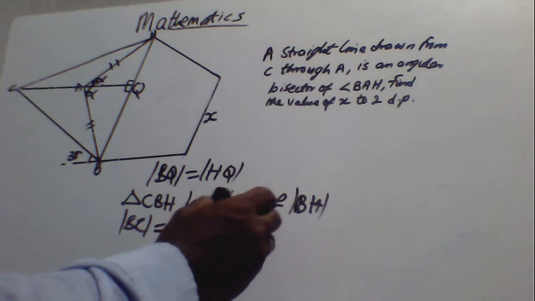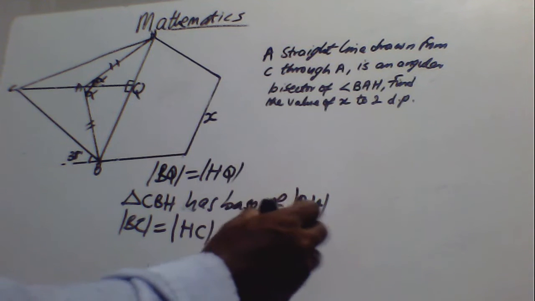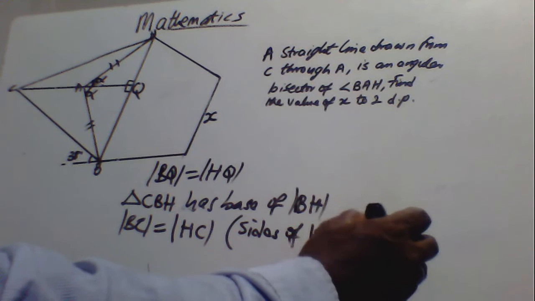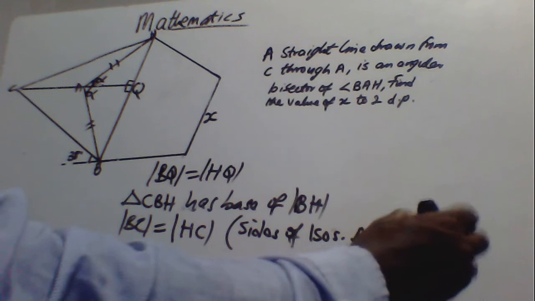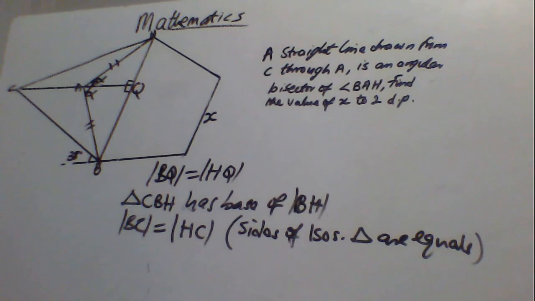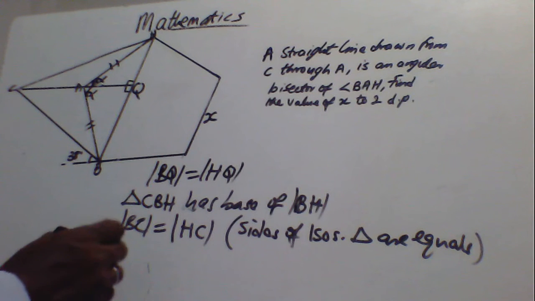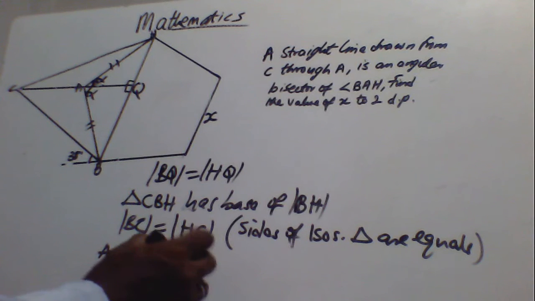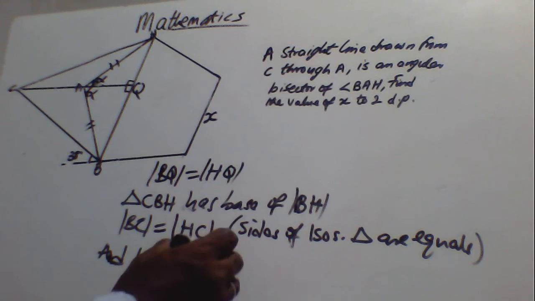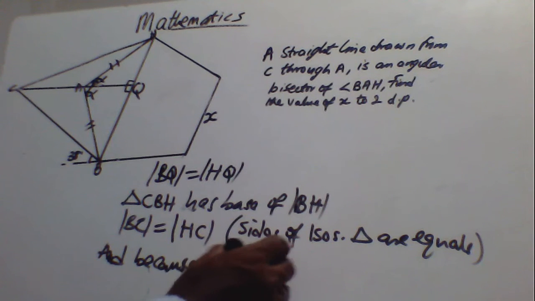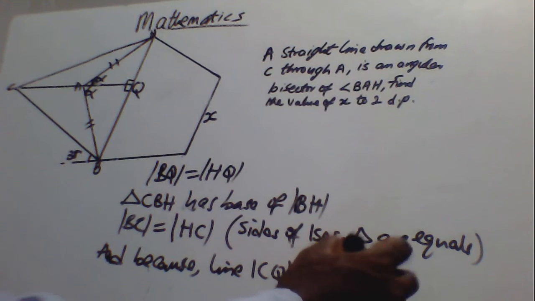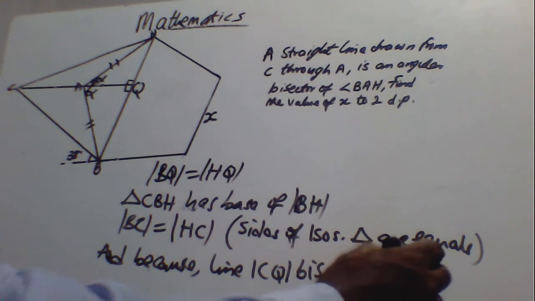That is because the sides of an isosceles triangle are equal. The sides of an isosceles triangle are equal because line CQ bisects angle BAH.